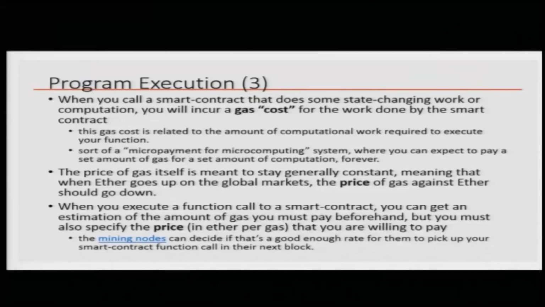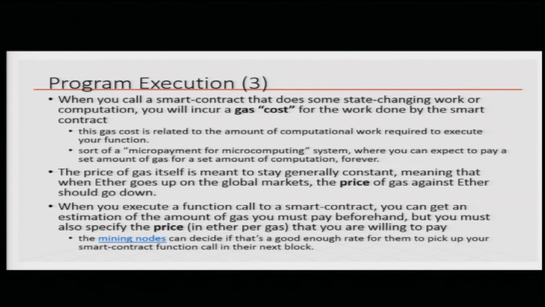You are already telling it that you are willing to put in so much gas against the ether balance you have in your account, so the gas amount is fixed upfront, and the price is the one that you can vary, which gives you the ability to prioritize your work.